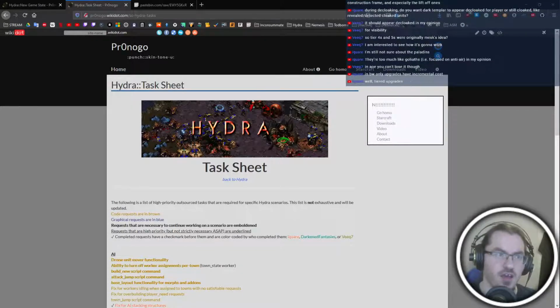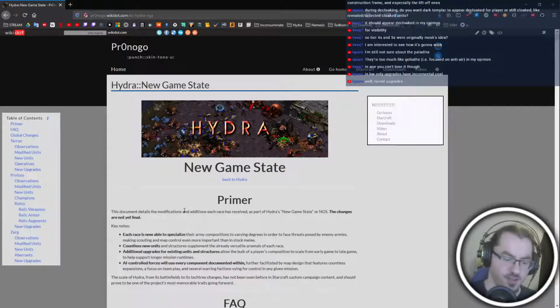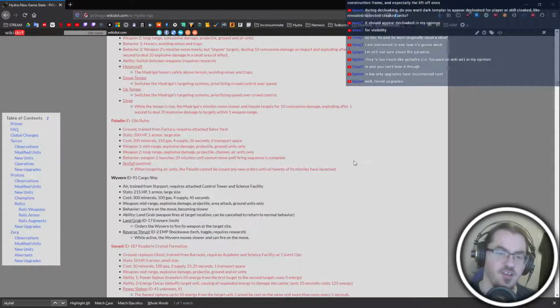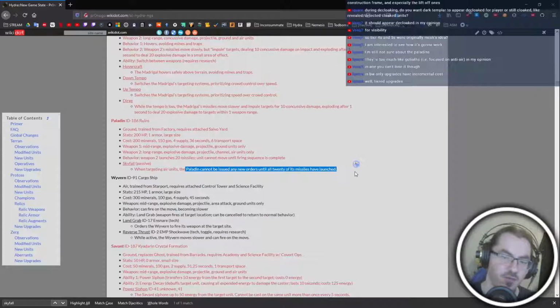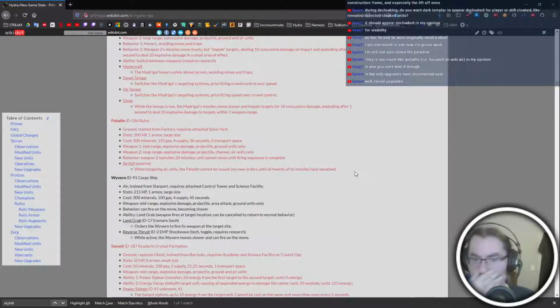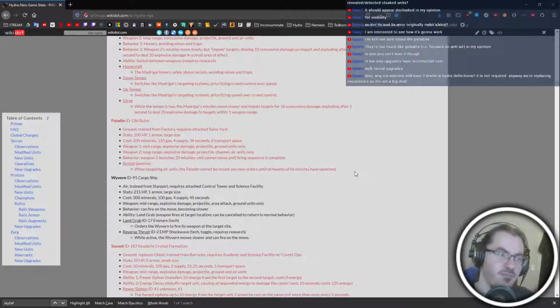I certainly think that I'll have Skyfall actually be an ability instead of a passive, but Skyfall will do something different. If we look at Skyfall now, it just says, when targeting air units, the Paladin cannot be issued any new orders until all 20 of its missiles have launched. This, to me, is way too much positional overhead for that kind of action, given the slow movement speed. What I think instead I'll end up doing is having the unit just fire off a short salvo of maybe 4 missiles instead of 2 like the Goliath does.